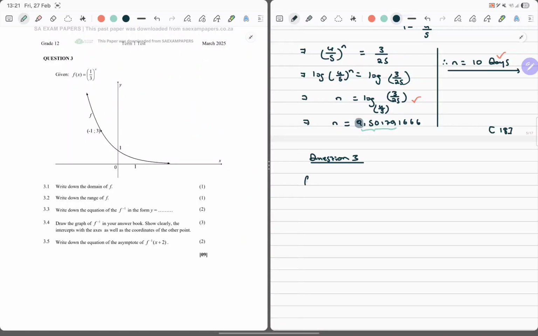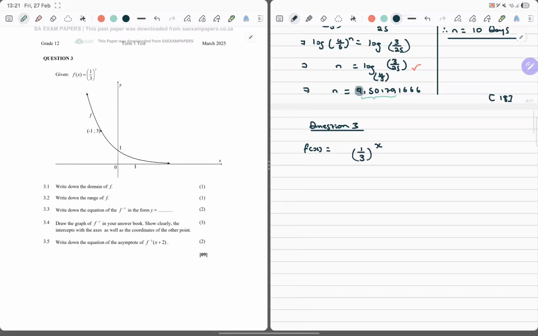Okay, we're given f of x is a third to the exponent x. We can see that when the base of our power is less than 1, greater than 0, and the coefficient of that very power as a whole is an invisible 1 or a positive 1, this is a graph that will appear above the horizontal asymptote.